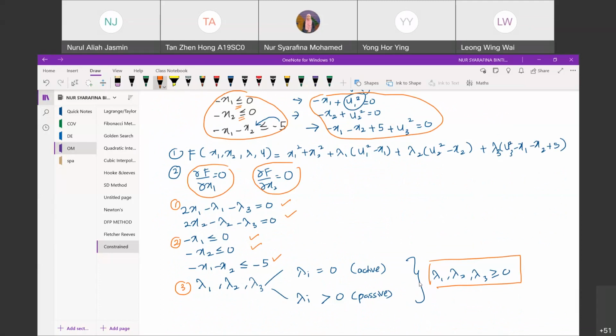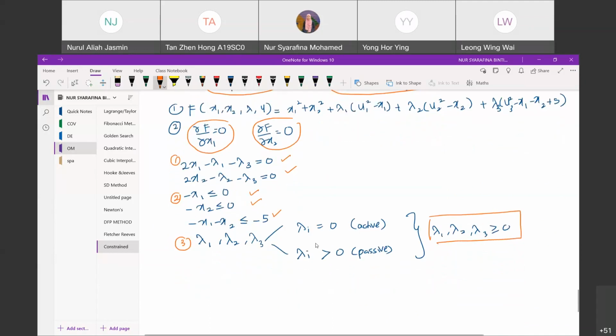The first method is you can just figurize: you draw the graph and identify whether the constraint touches the region or not. Or else you can have a table of trial and error values.